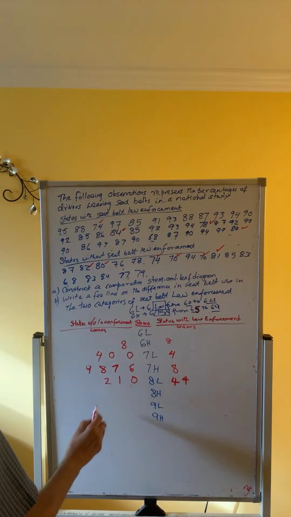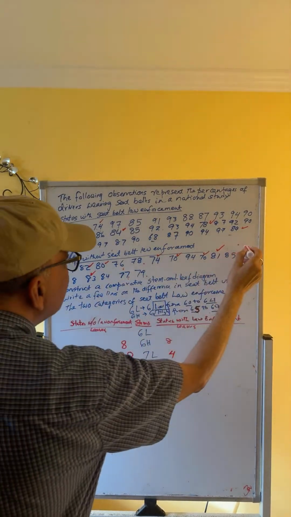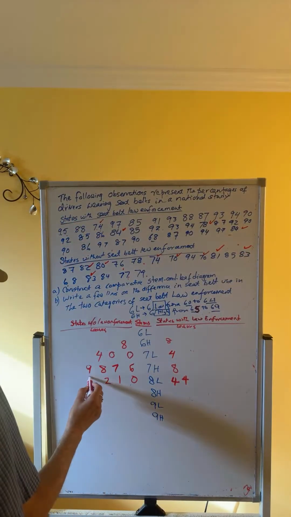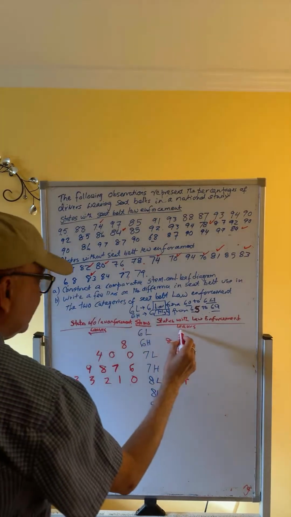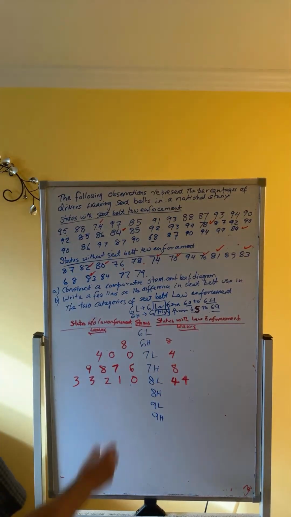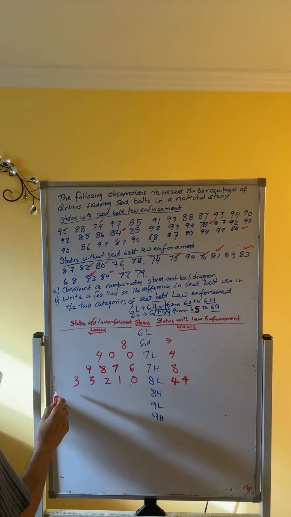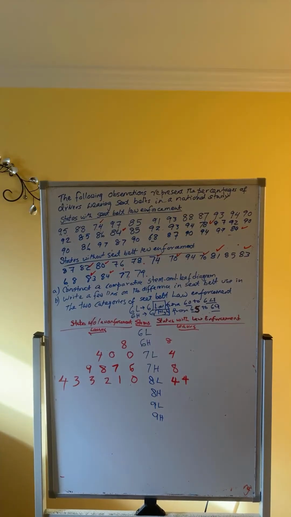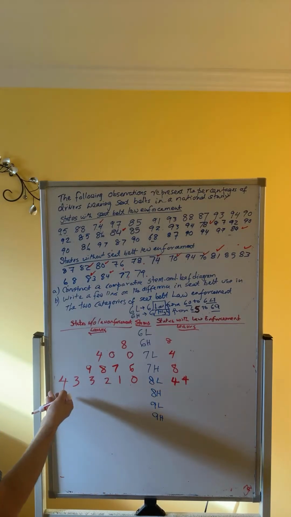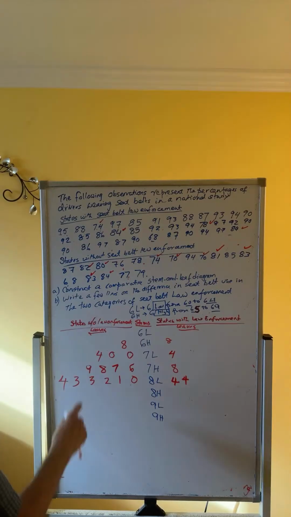Then there's 83 over here, 83 over here, two 3s. These, remember, are the leaves. And there's 84 here too. So 8 low is done, between 80 and 84. High number of leaves in the states without law enforcement.